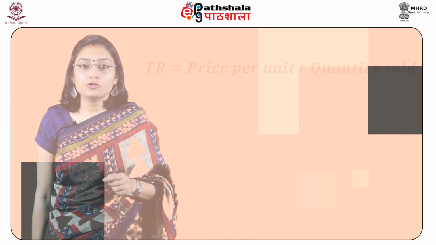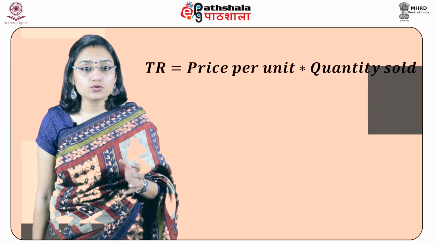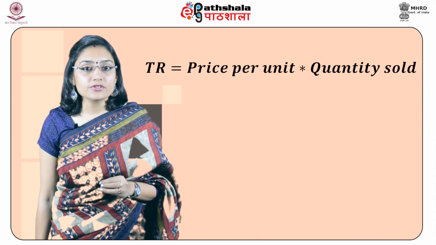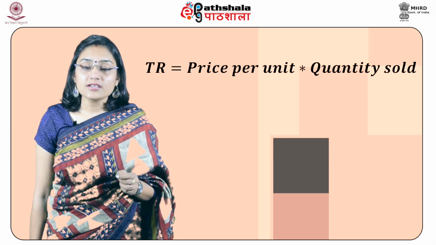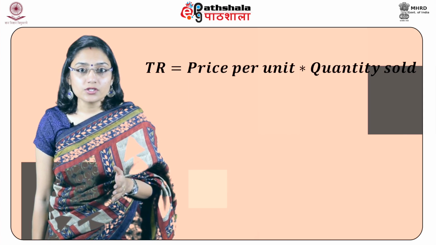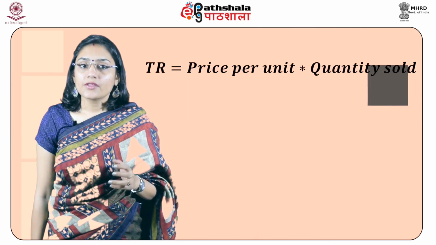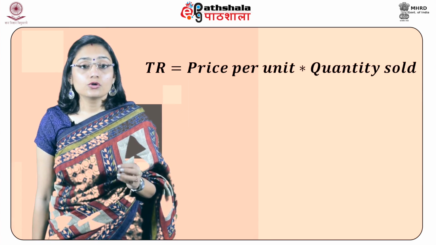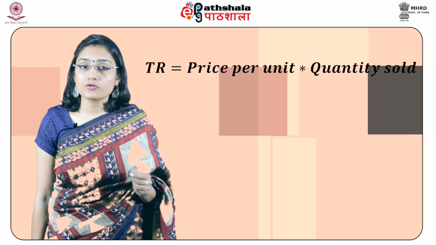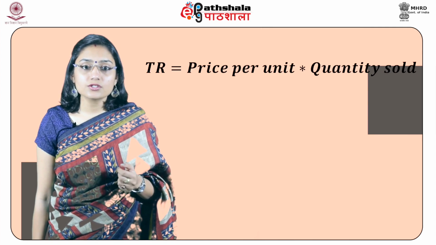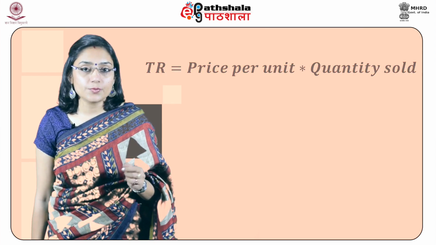Total revenue. Total revenue is defined as the total amount of money which a firm receives after selling its output in the market, where TR is equal to price per unit times quantity sold. The above formula shows that total revenue can be calculated by multiplying the price per unit of the output by the number of units of the output sold in a particular period.